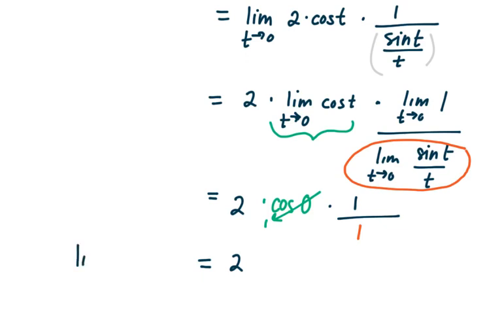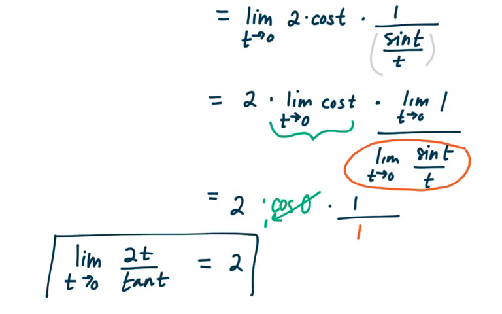So the limit as t approaches 0 of 2t over tangent t is equal to 2. And again, the whole goal in this problem in using this rule was to be able to manipulate what I was looking at so that I formed this sine t over t, and we're looking at it as it goes to 0.